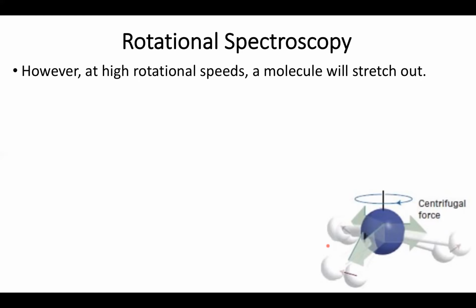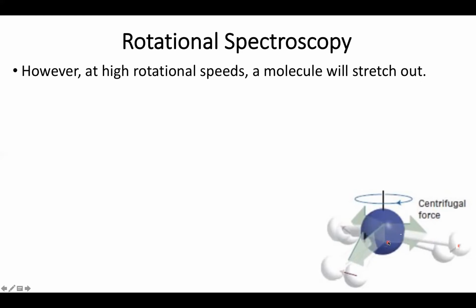Because it turns out that if I start, say, taking an ammonia molecule and I spin it really fast, well, centrifugal forces are going to start pushing those hydrogen atoms out a little bit further because there's going to be a little bit more force on them. And the faster I spin, the longer these bonds end up getting.